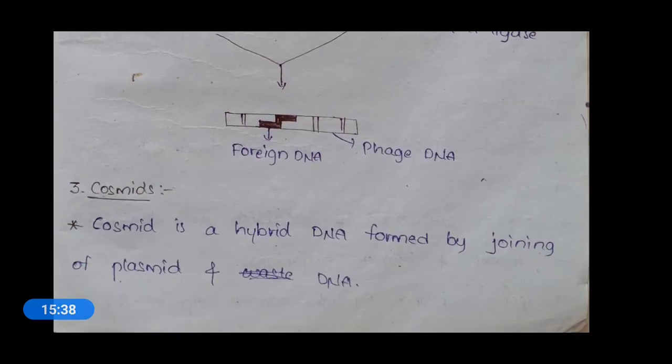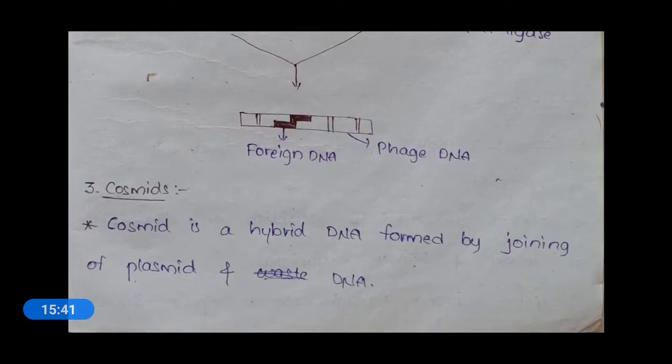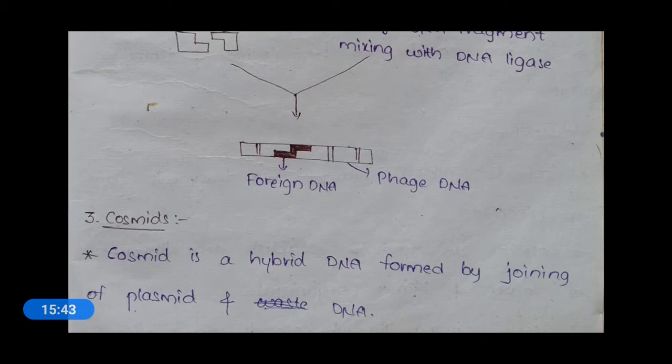Now let's see cosmids. Here these cosmids are hybrid DNA formed by joining a plasmid and phage DNA. While discussing plasmids, what I have explained is that this particular plasmid is a basic component for the pUC vectors and also for these cosmids.